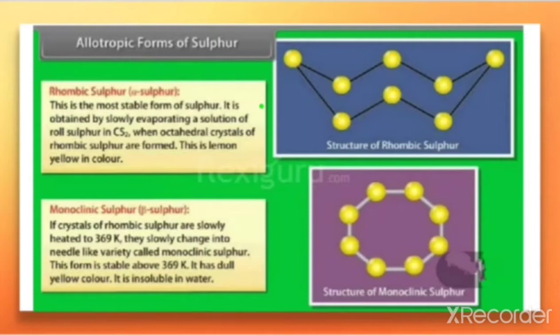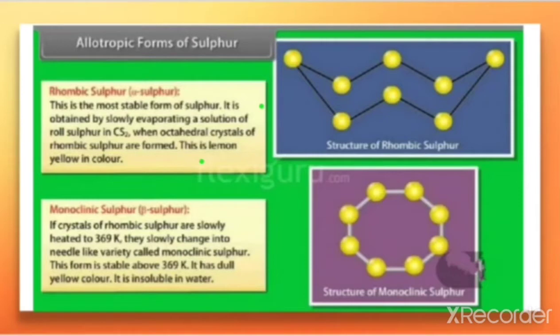It is obtained by slowly evaporating a solution of roll sulfur in CS2. When the octahedral crystals of rhombic sulfur are formed, they are yellow in color. This is how we obtain rhombic sulfur.